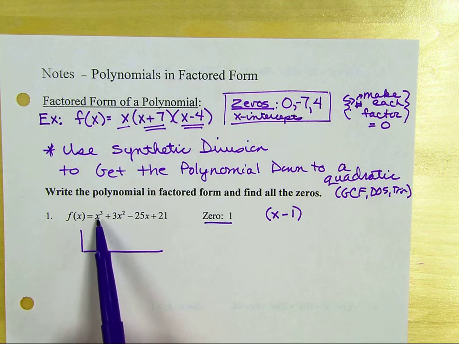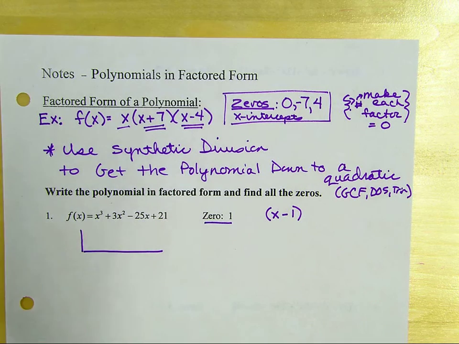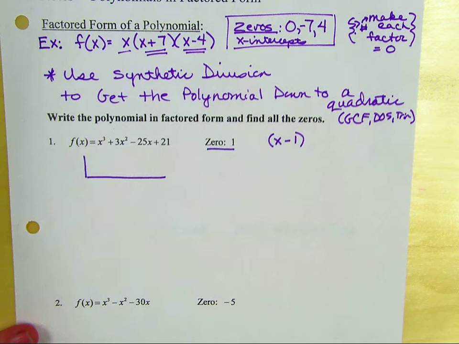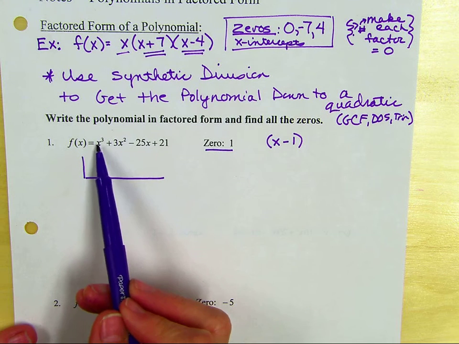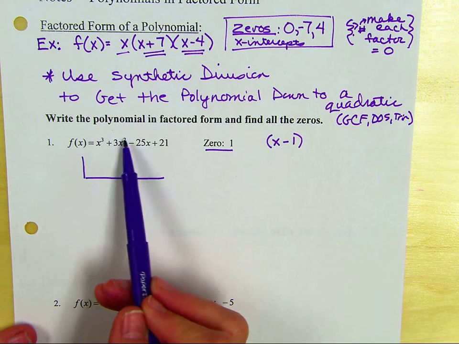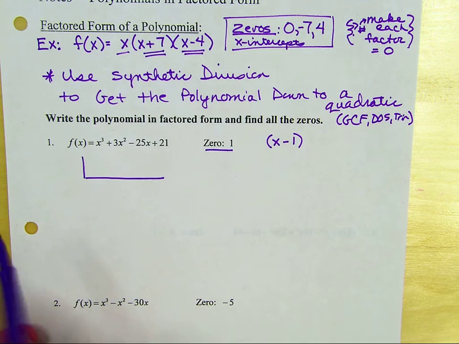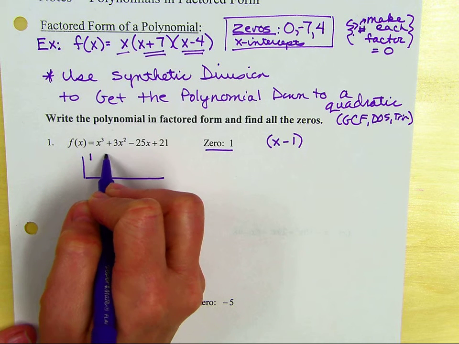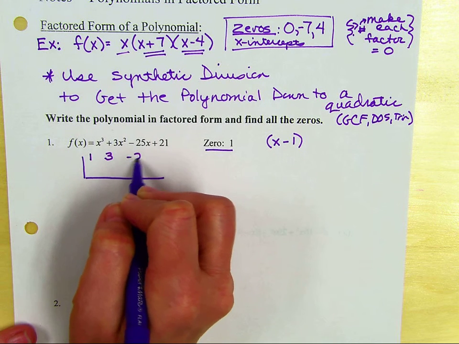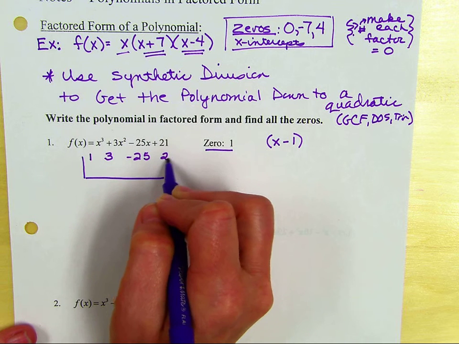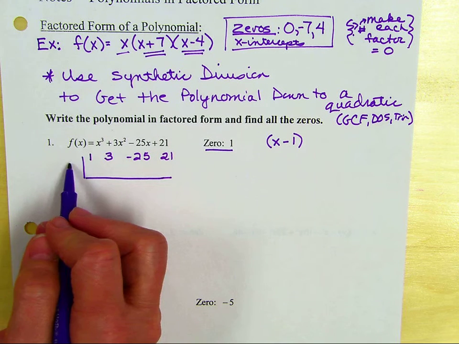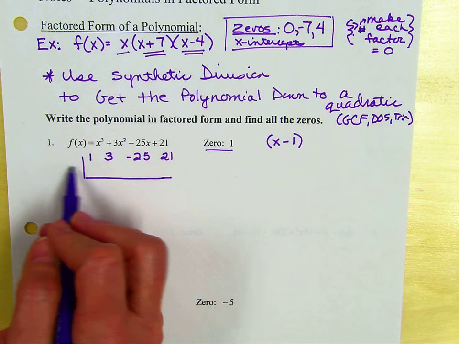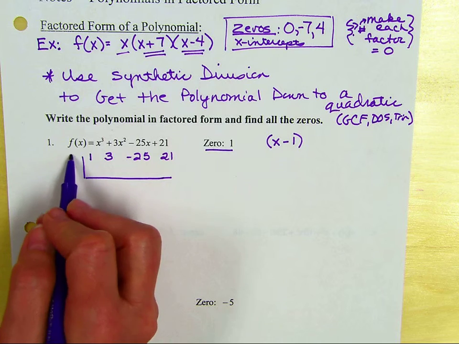I've got x to the 3rd, 2nd, 1st, and no constant gaps to worry about. I've got 1, 3, negative 25, and 21. Out here goes my root, 1.